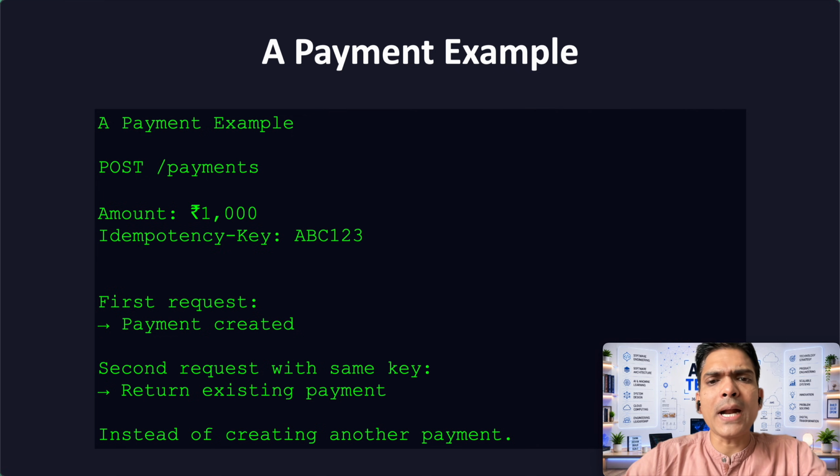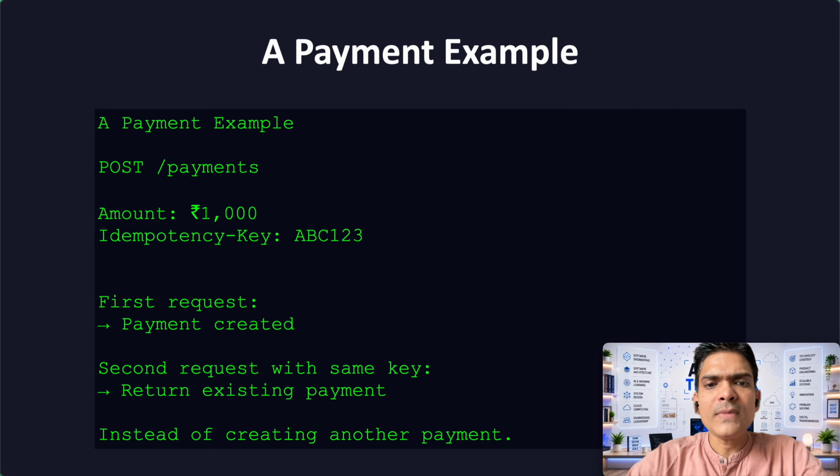Let's look at a practical payment example. Imagine we are making a POST request to create a payment of rupees 1000. Along with the payment details, we include an idempotency key, for example, ABC123. When the server receives the first request with the key, it creates the payment and stores the key.